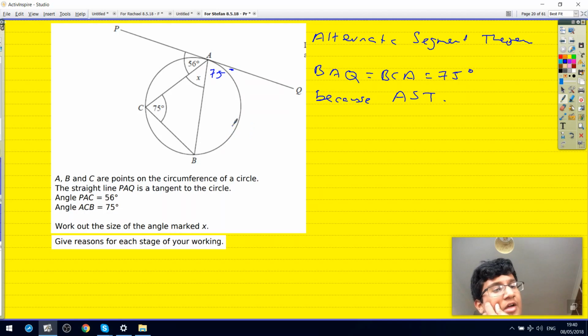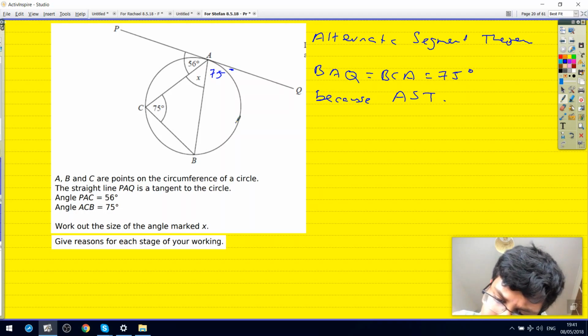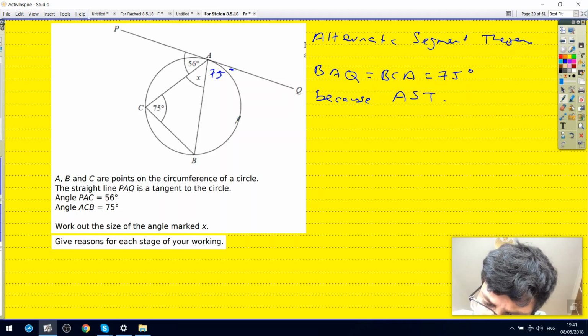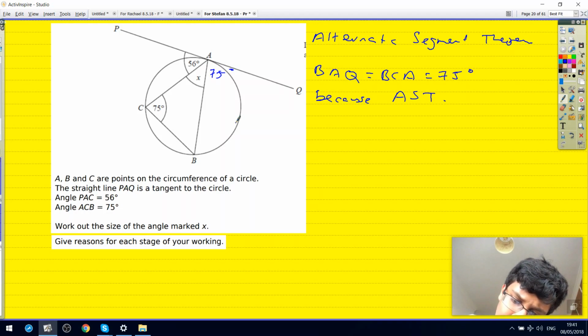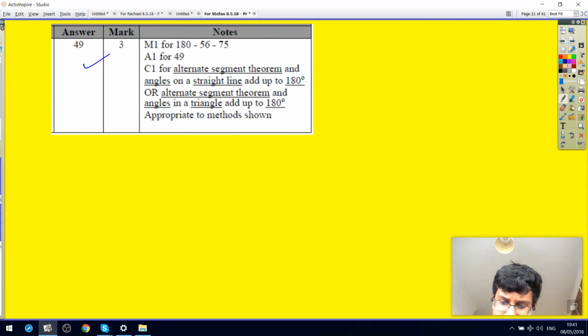And we just have X equal to 180 minus 56 plus 75, which is 49 degrees. Alternate segment theorem and angles on a straight line add up to 180. So you need to say both.